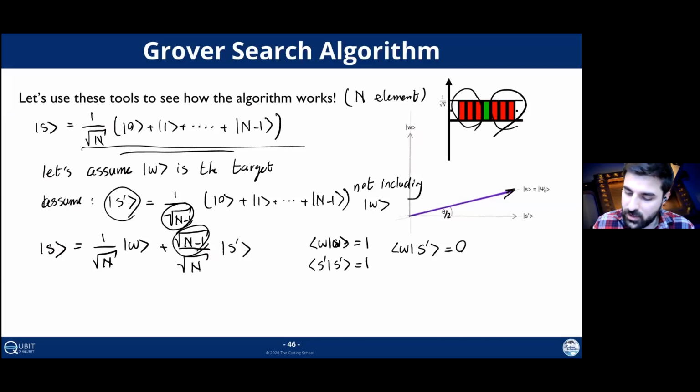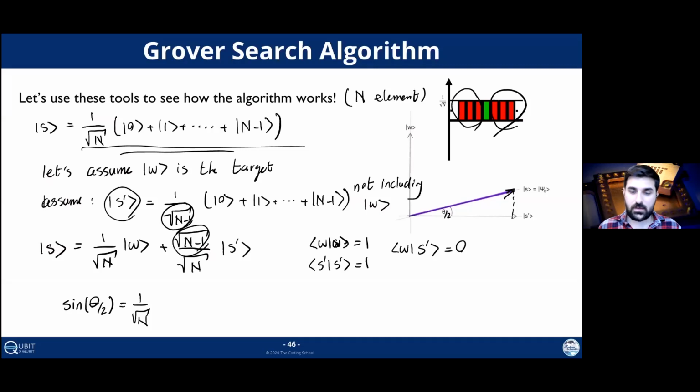And this projection is simply the sine of whatever this angle is, since we're assuming that all of our amplitudes are equal, the length of this vector is 1. So therefore, in this case, sine of theta divided by 2 is just equal to 1 divided by square root of n.